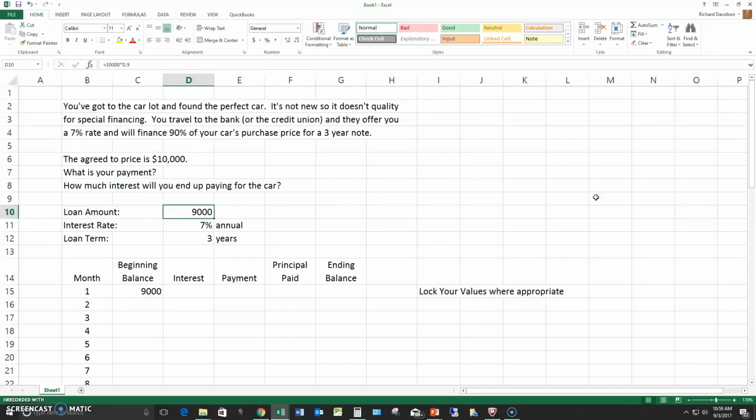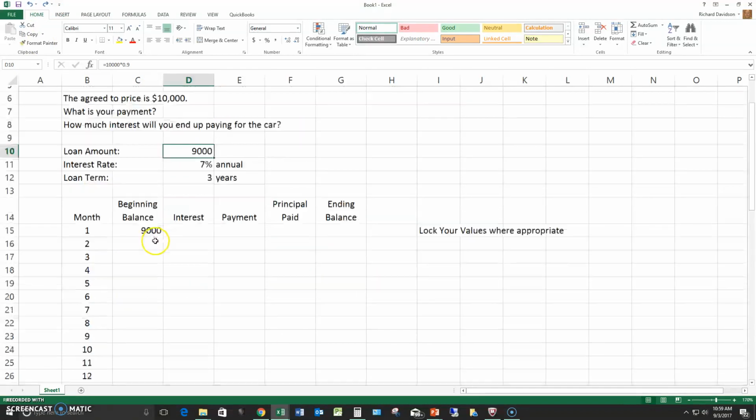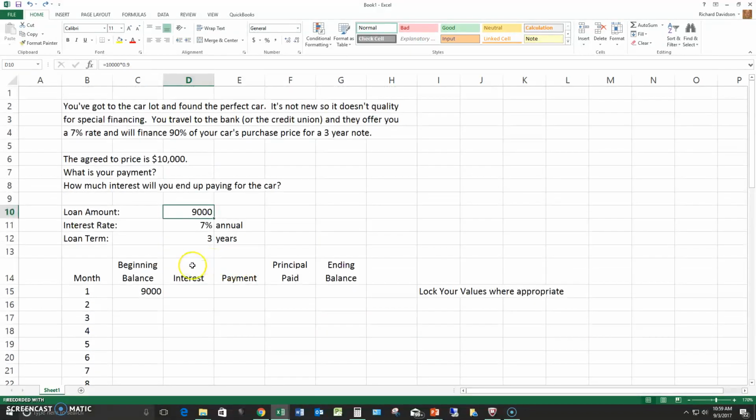If we change the number in D10, maybe they come back and say we're going to pay the full amount of the loan, you can quickly change that and it will reference below. If you just type in 9,000 down here, you defeat the purpose of Excel being a dynamic tool that can change a lot of things and explode down the new result.